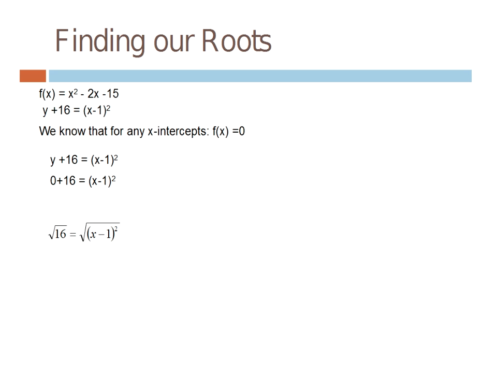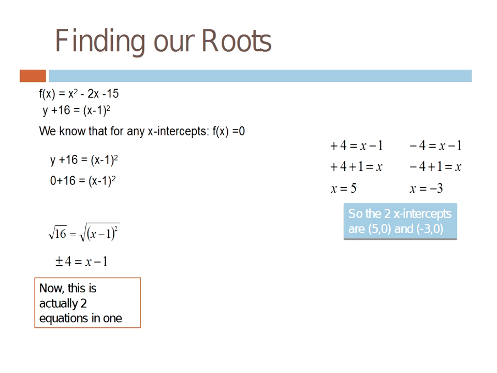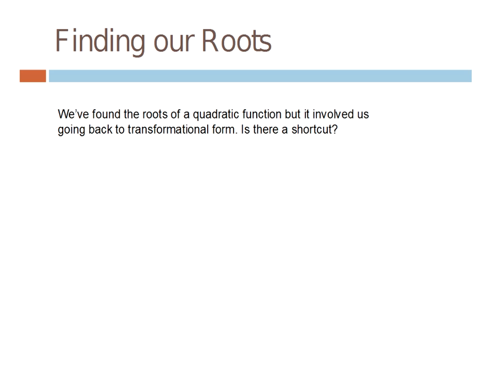We take the square root of both sides, and that gives us these 2 equations in one. And so what we get here is the 2 x-intercepts, because what we had was positive 4 equals x minus 1, or negative 4 equals x minus 1.